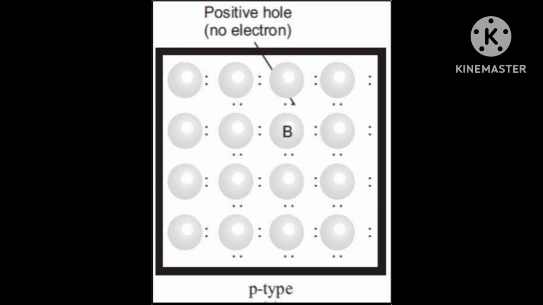Transistors, what is a transistor? Now understand. Transistors are made by sandwiching a layer of one type of semiconductor between two layers of the other type. For example, NPN means between the two N-type layers, a P-type semiconductor will be there. NPN, what am I telling you?